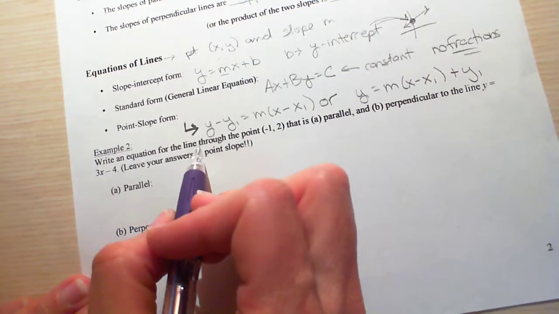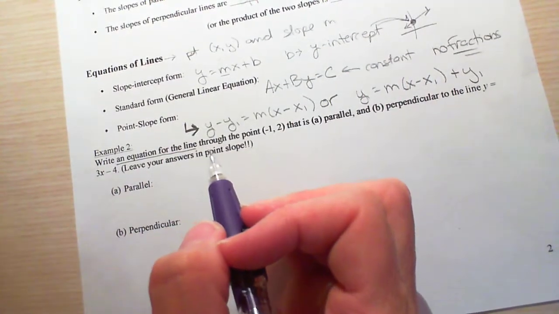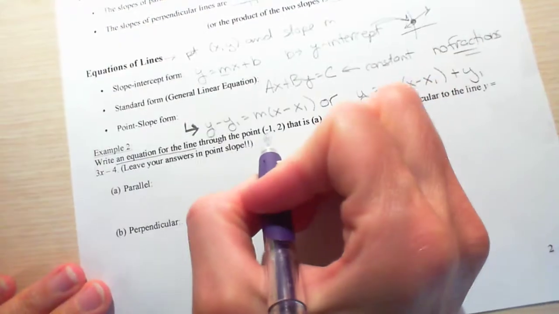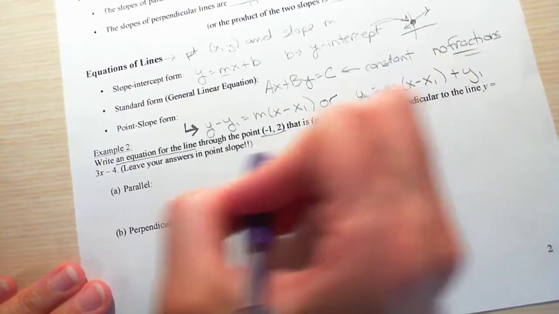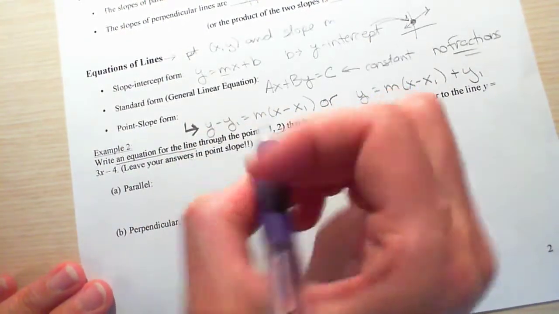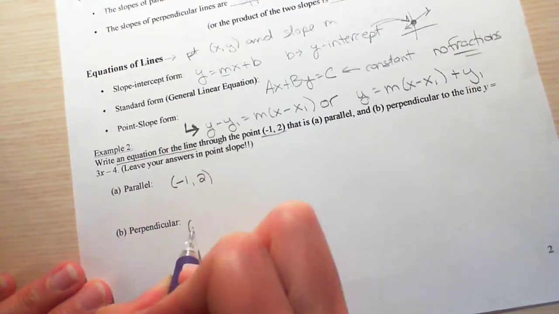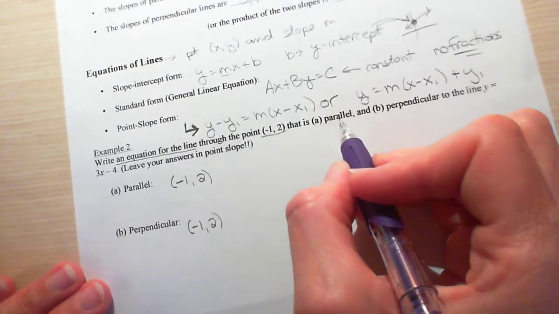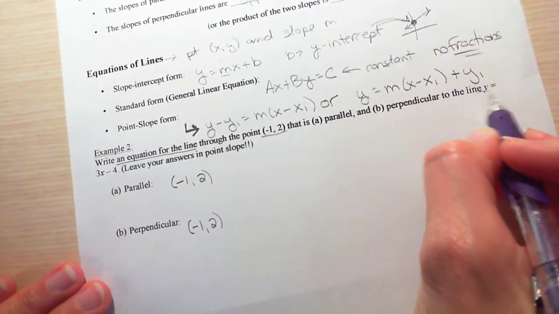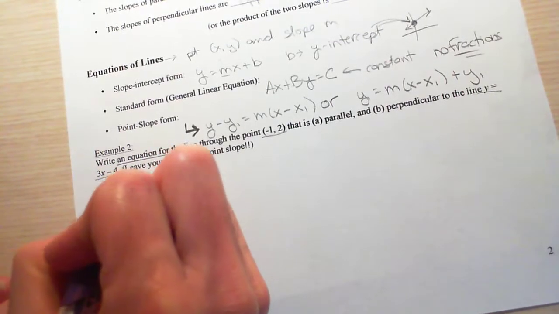Okay, so write an equation of a line. You're going to do this a ton in calculus, so you need to be very good at this. You're given a point, and then it says write an equation of a line through this point. So I know for both of these, I'm going to write an equation, and that's going to be my point. And then that is parallel and perpendicular to this line. So this line has a slope of 3.